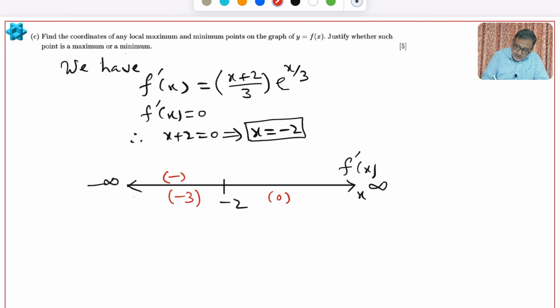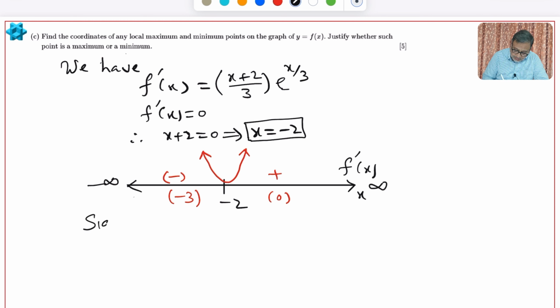And when I put 0 in place of this, 0 plus 2 by 3, so this will be positive, right? So this will be positive. So my sign diagram will be something like this, right? So what does this tell you? The sign diagram changes from negative to positive, therefore it has a minimum, right?